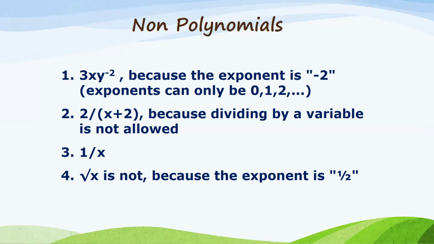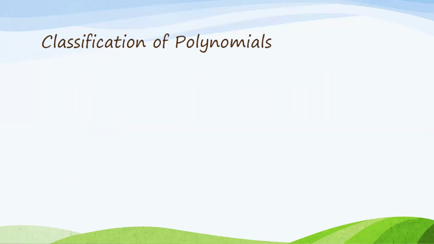Is it clear? So let's discuss classifications of polynomial. How can we classify the polynomials? If a single term is there, we will say that it's monomial, right? Mono means one.